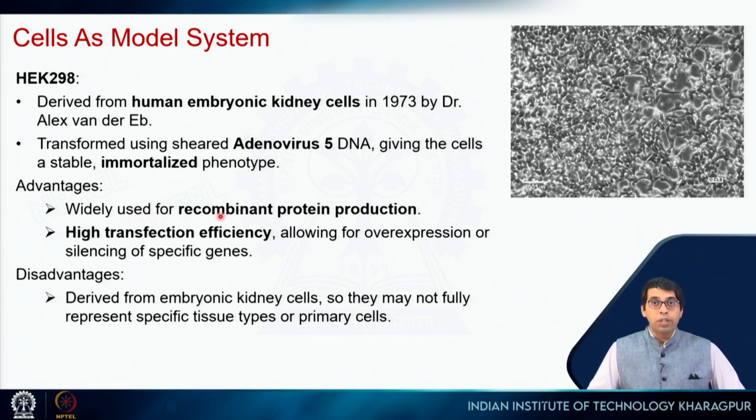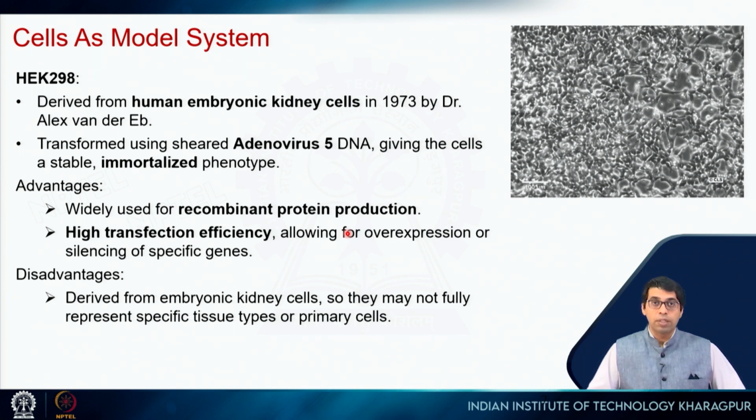They are widely used for recombinant protein production. In recombinant DNA technology, you will learn that we typically use bacteria to produce proteins recombinantly. That is the first choice. However, there are many proteins which do not express well in bacterial systems, especially if those proteins have post-translational modifications.